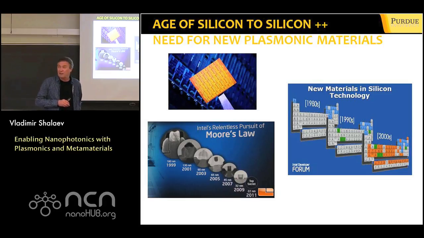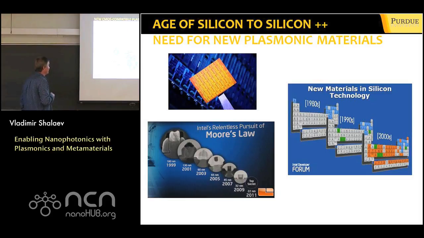Now you have many elements from the periodic table which contribute to today's electronics. And until very recently, when it comes to plasmonics, people used almost exclusively gold, sometimes silver, but silver is not chemically stable. You have to protect it. So we need to do a similar job to broaden the scope of plasmonics, because this is at the heart of nanoscale photonics. And that's actually the way to bring it to real life applications.